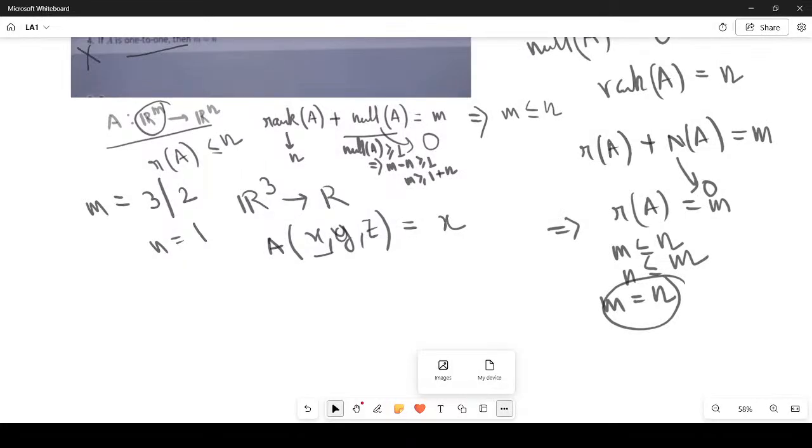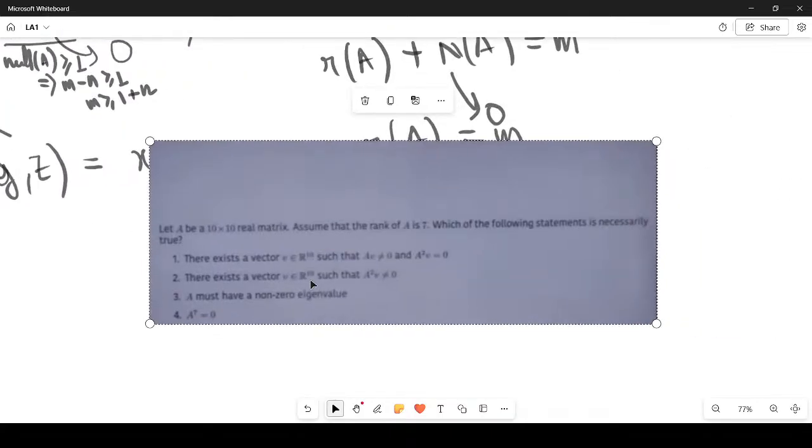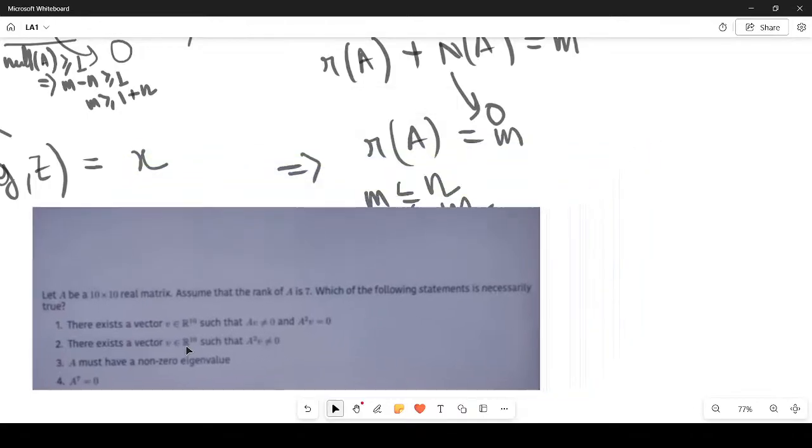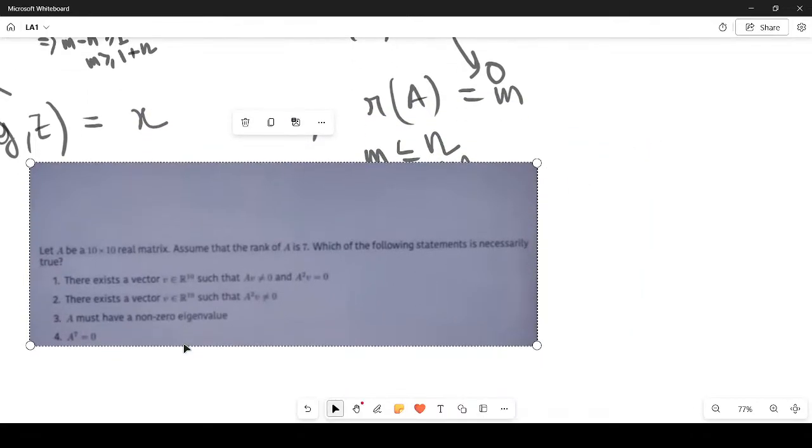Here it is saying that A is a 10 cross 10 real matrix and the rank of A is equal to 7.